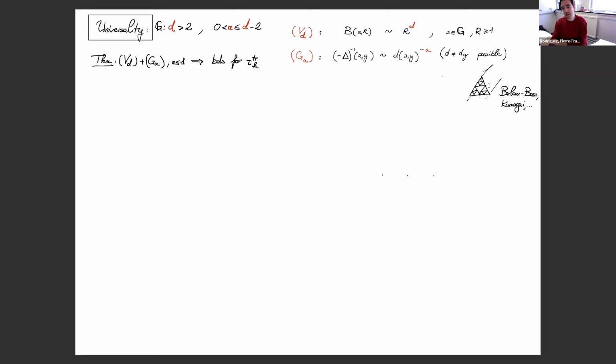There is a nice example that I like to give because this is interesting for a related problem, which is the disconnection problem. If you take a cylinder which is Z cross this kind of graphical Sierpinski gasket, then this is a graph whose dimension you can think of as being between 2 and 3, and the walk on this thing is actually subdiffusive because these traps in the carpet, in the fractal, slow you down at every scale.